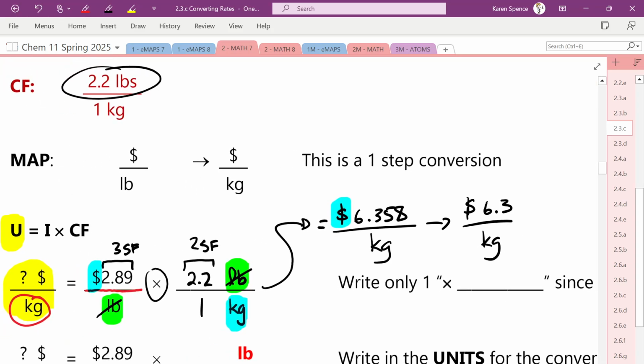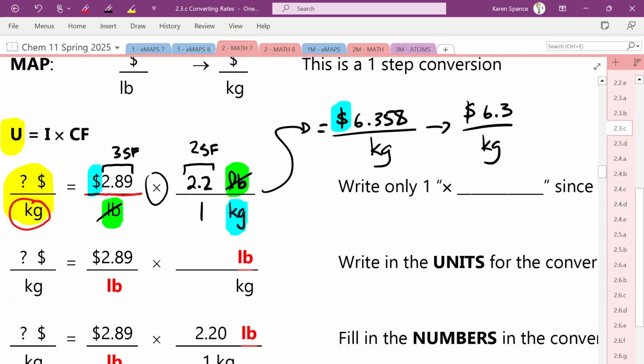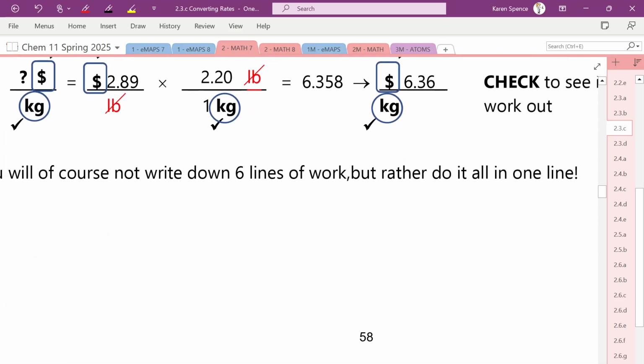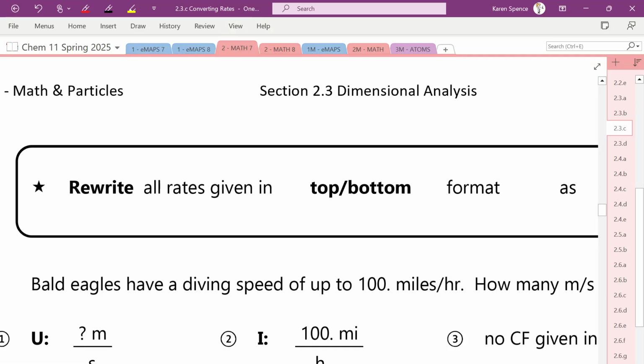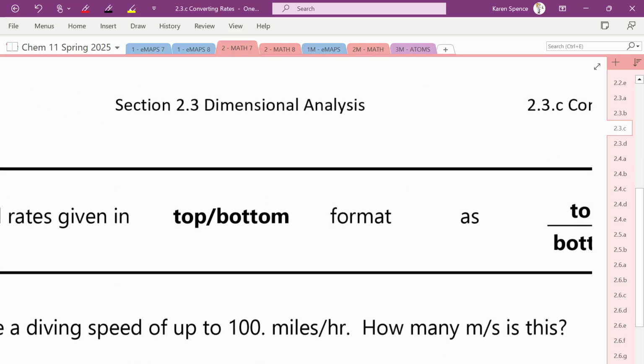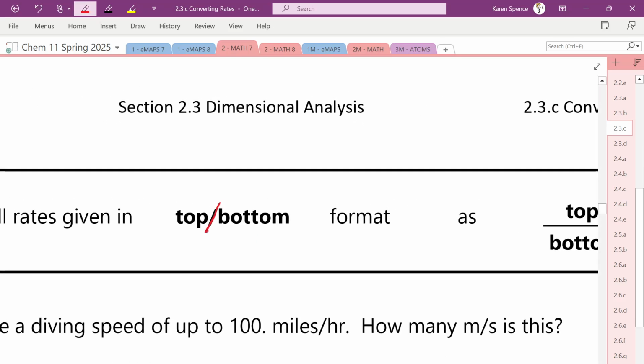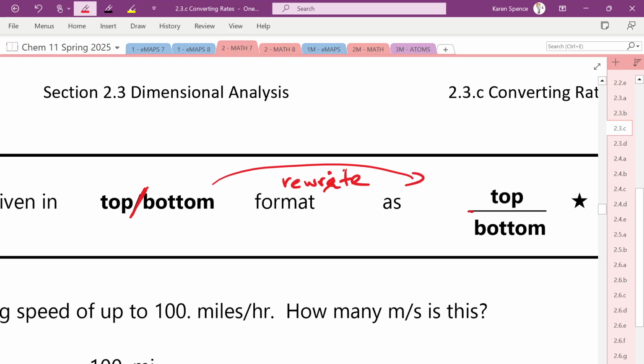Dollars should have dollars and cents. But anyway, regardless, that's how you do it. So remember, no slashes, always rewrite as top over bottom.